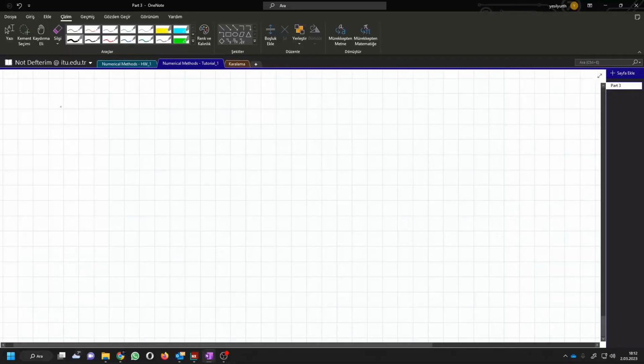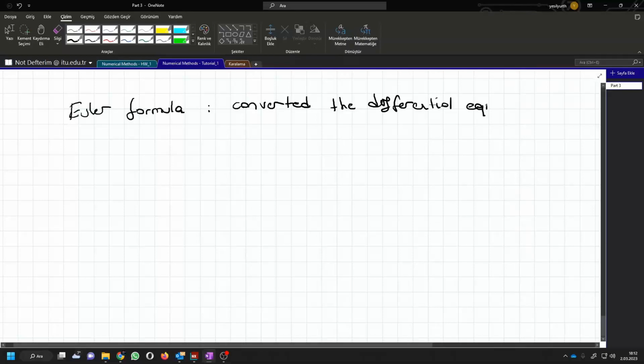So in this context, what did we do until here? We used the Euler formula and we have converted the differential equation to an algebraic one.